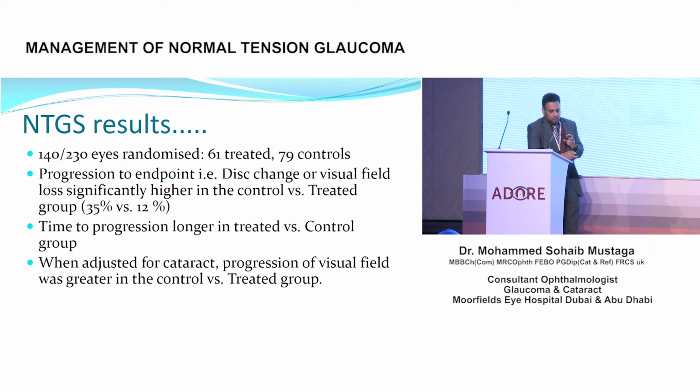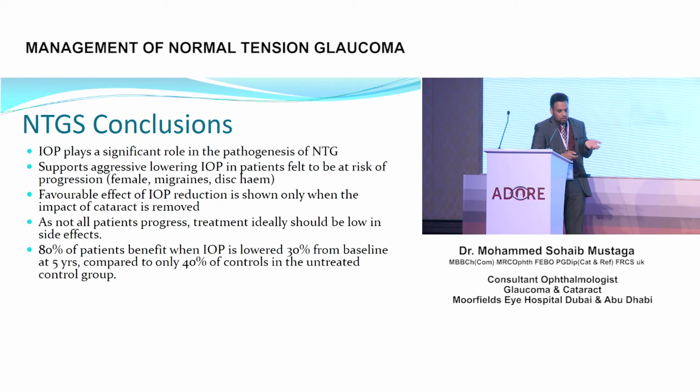The endpoint was that the disc change and the visual field loss were significantly higher in the patients that were not treated as opposed to the treated group. And the time for progression was longer in the treated group. When adjusted for cataract, the progression of the visual field was greater in the control group than the treated group. So really, there is no question that as ophthalmologists, the only thing that we can do is to reduce the IOP, but we have to be aggressive about it.